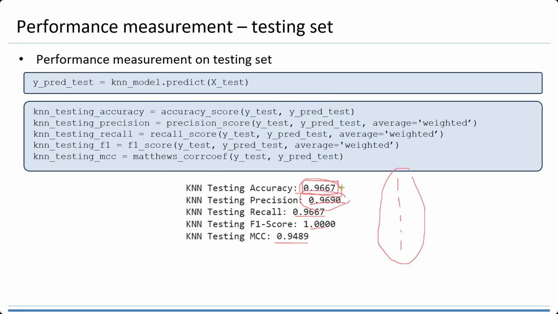If we look at the gap between 1 and 0.96, the gap is not that high. So we can say, okay, the model is just right, because the difference between the validation and the testing is not that high.